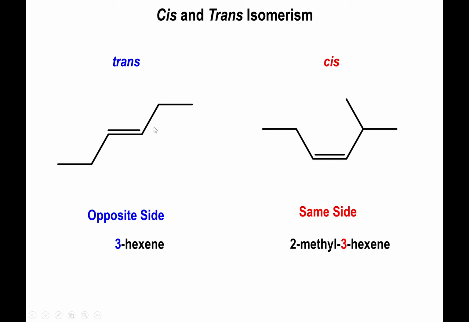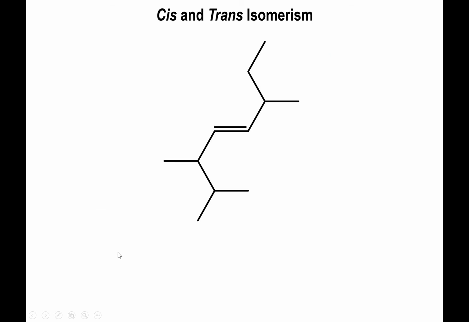In the case where you have opposite positions for the alkyls, we call this the trans configuration. When they're on the same side, we call them the cis configuration. And so we input those things as prefixes in italics prior to the entire name, and after that, you always separate it with a hyphen.